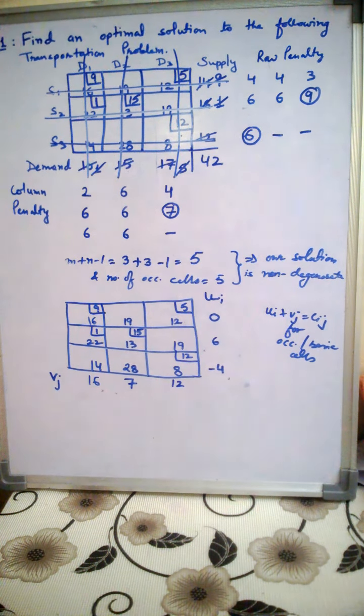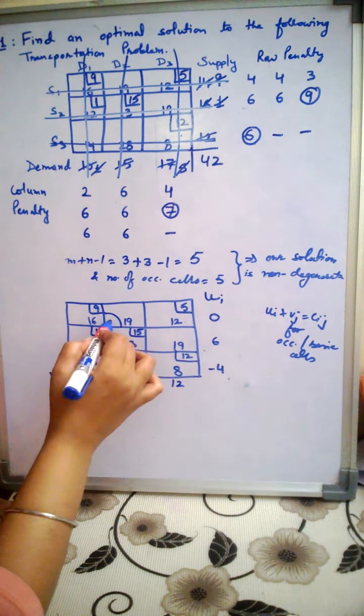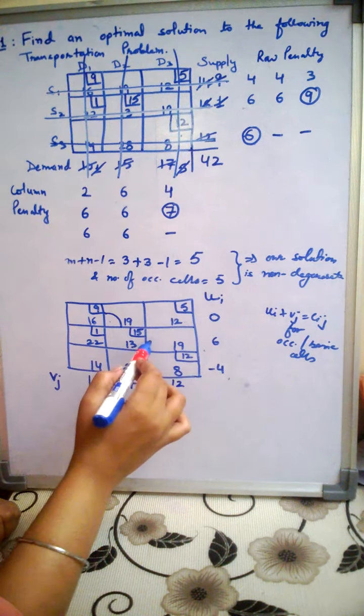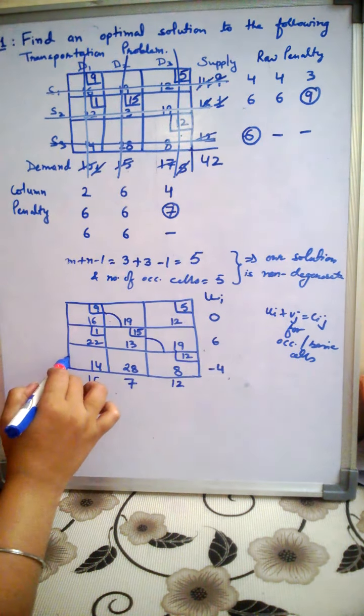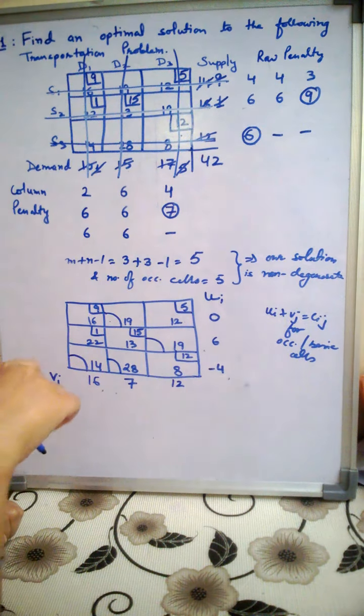Now we'll find out dij's for unoccupied cells. So these are my unoccupied cells. This cell, I'll find out dij here. Then this cell is unoccupied, this is unoccupied, and this is unoccupied. So we'll find out d values here in these brackets.